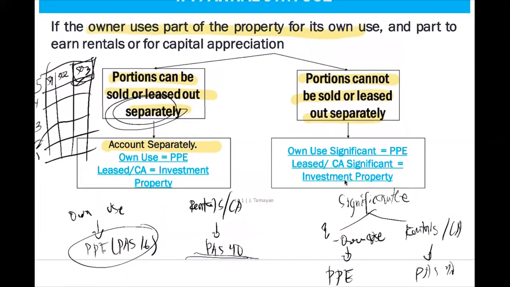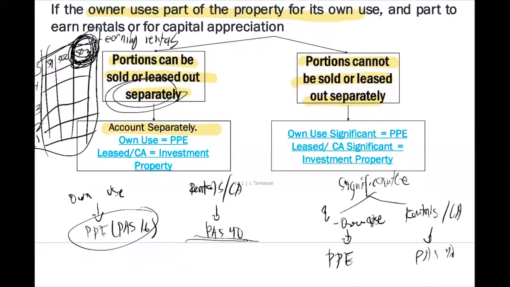Let's make use of this as an example. Assuming you cannot list it out separately, tapos ito lang yung portion na for earning rentals. Yan lang yung for earning rentals. Tapos yan lang yung portion na earning rentals. So out of the whole building, isa lang yung mag-earn ng rentals. Tama? So what is the significant portion? Is it the earning of rentals or the use of the owner? It is the use of the owner. Therefore, you will include it as PPE.